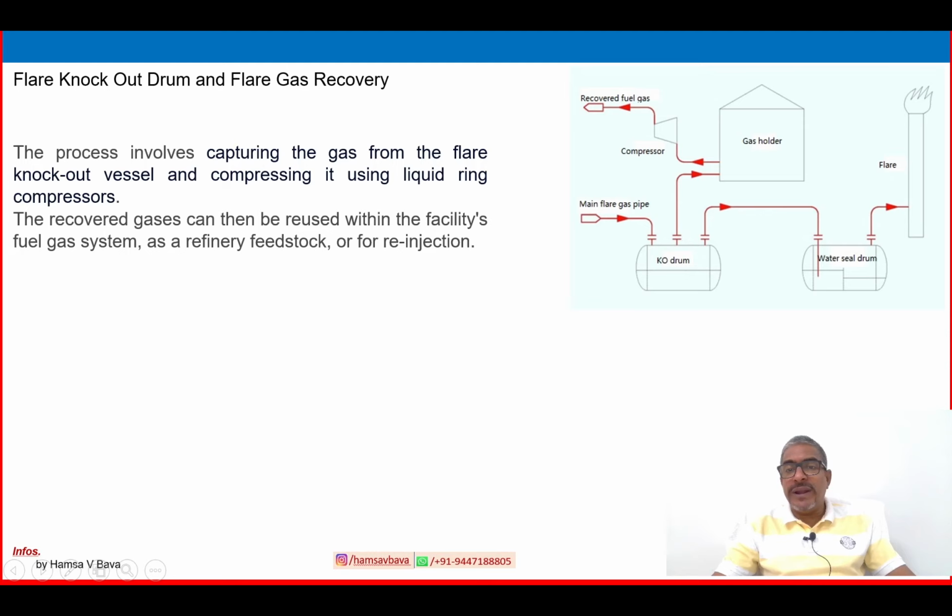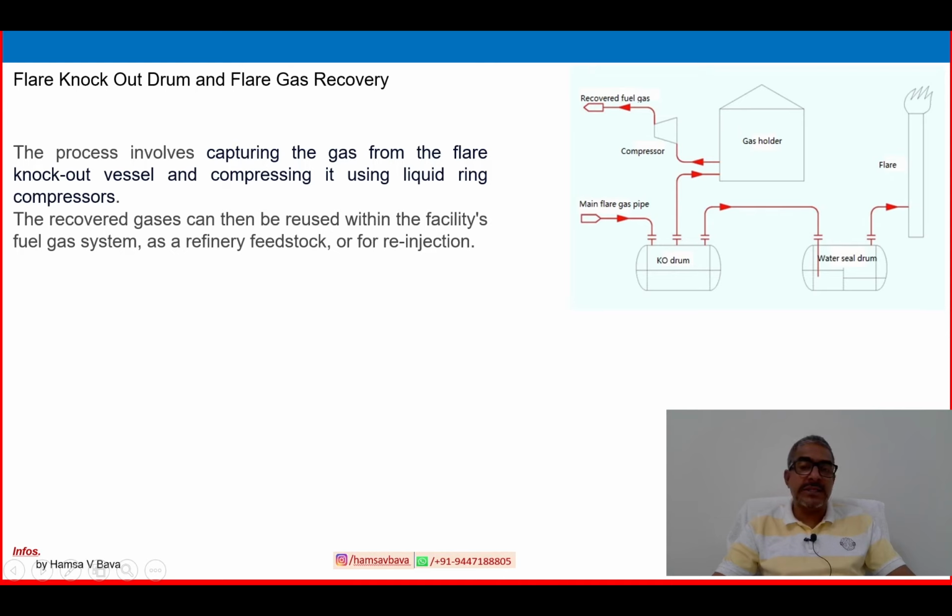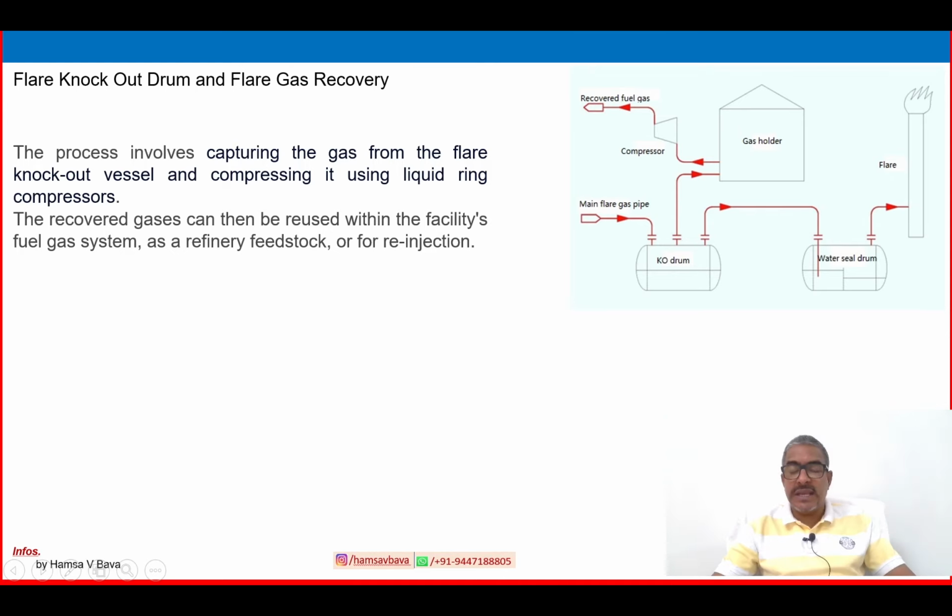So when the flaring gas is entering the knockout drum, instead of going to the flare system, we can collect at least some quantity of gas to a gas holder or directly to a compressor, or gas holder and compressor. Then that gas is compressed and used as a recovered fuel gas for various other applications.